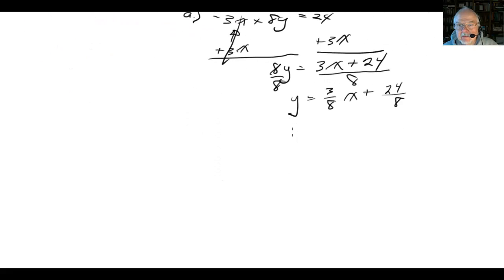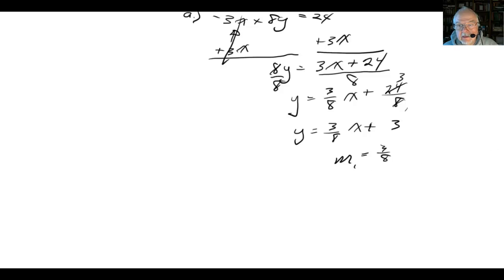And I can simplify that. I can't simplify this coefficient, but I can simplify that. 8 goes into 8 once, 8 goes into 24 3 times. So this becomes 3. But more importantly, the slope here is 3/8.